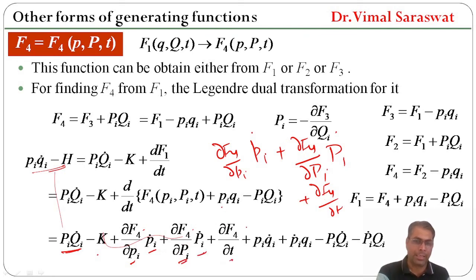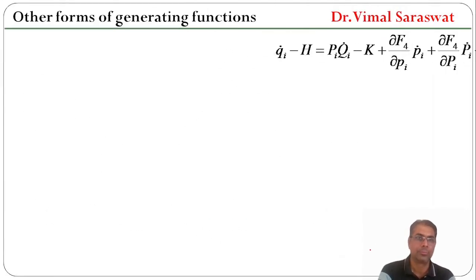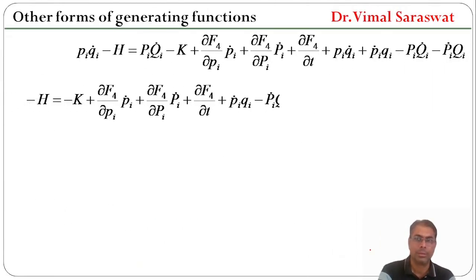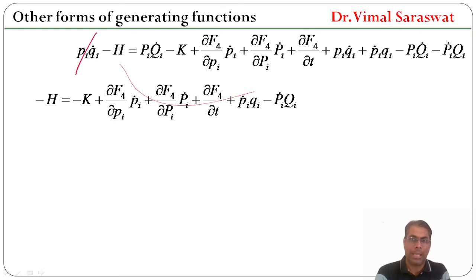Now, we differentiate this term, so Pi Qi dot plus Pi dot Qi, and also if we differentiate this with respect to time, and here we have a negative sign, so minus capital Pi capital Qi dot minus capital Pi dot Qi. Now, this Pi Qi dot and this Pi Qi dot cancel out.